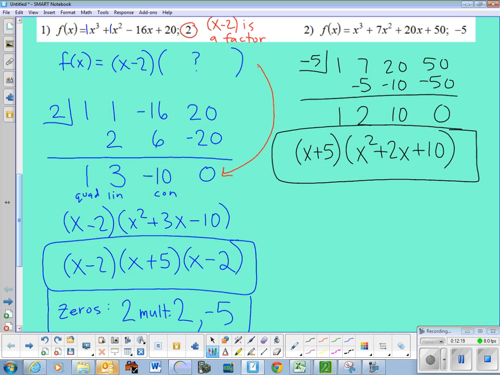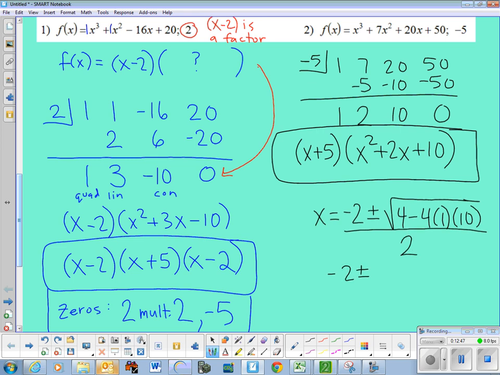I know -5 is one of them already. There need to be two more, and those are going to be the two solutions to this quadratic. So how are those found? Quadratic formula. I've got x equals -5. Let me find the other two. x equals negative b, plus or minus the square root of b squared minus 4 times 1 times 10, that's 4ac, all over 2a, or -2 plus or minus, let's see, that's 4 minus 40, it's -36.